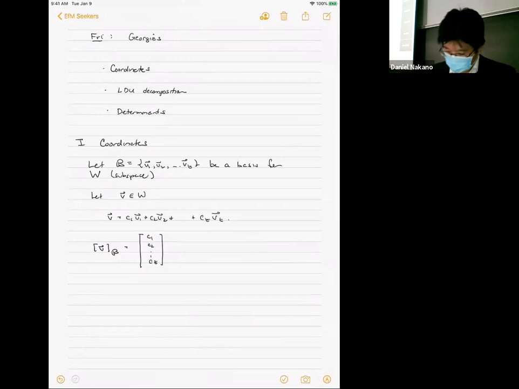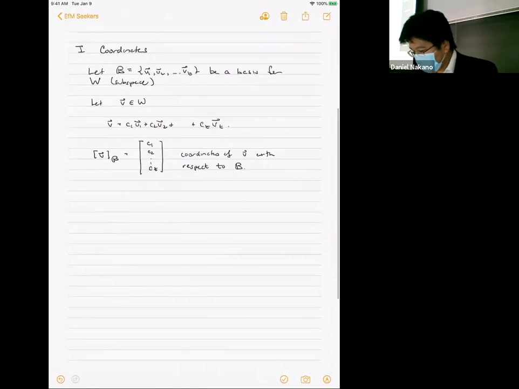These are the coordinates of V with respect to the basis script B.